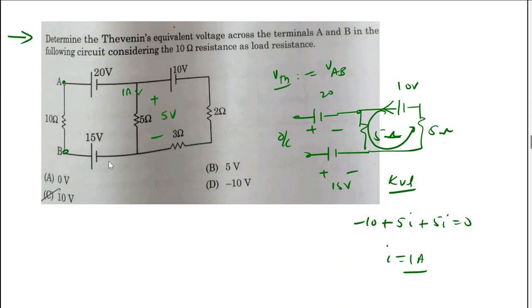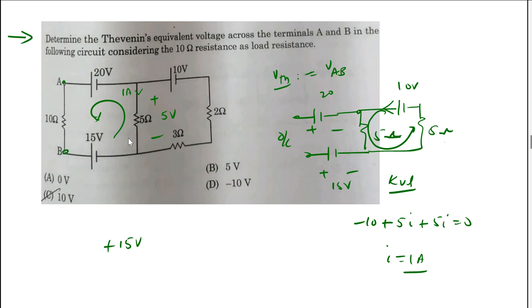Now apply KVL in the second loop. Whatever the current direction, you can take it here. For example, in this loop I have taken the counterclockwise direction. Here also I will take the same, no issue at all. Now see here, when the current is flowing in this direction, so plus 15 volts.